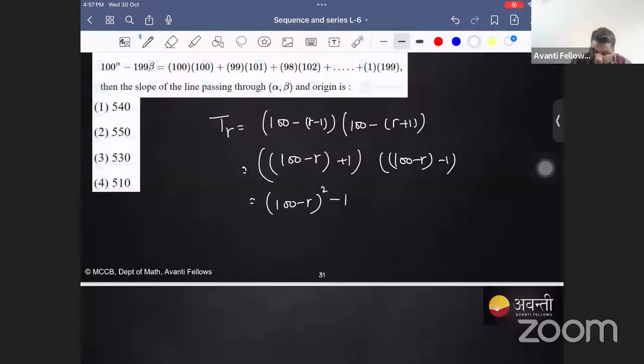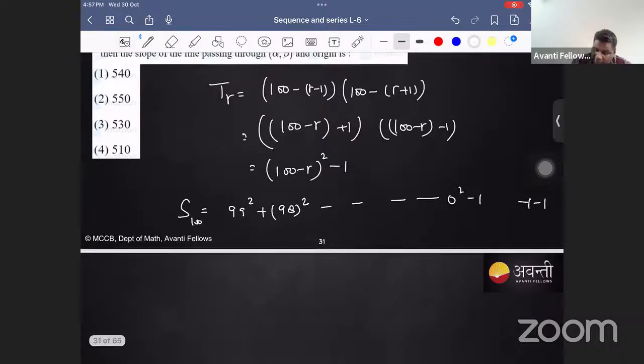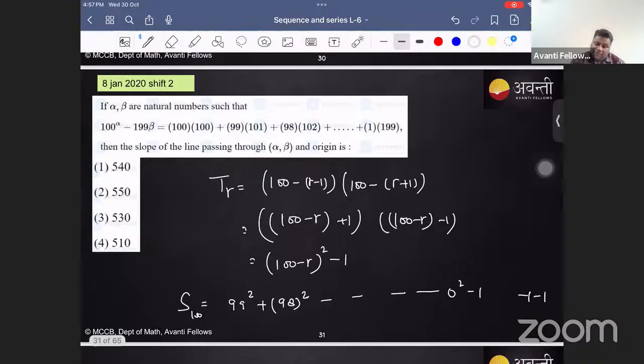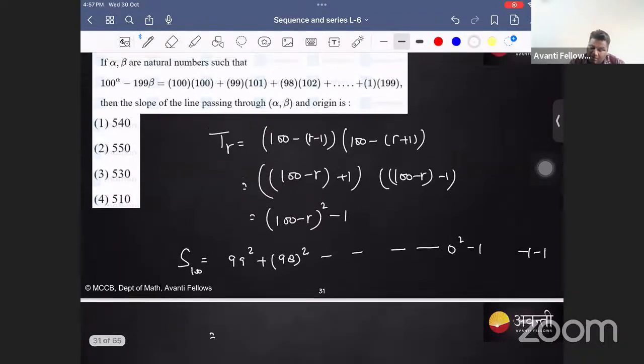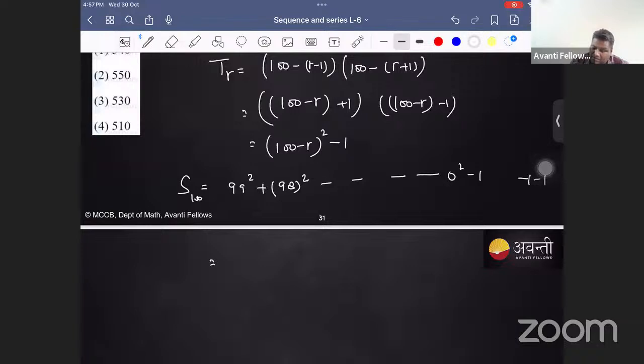Yes. Now S will be what? Sum of 100 terms. So the first term will be 99 square minus 1. Then the second, if you put r as 2, will be 98 square minus 1. And so on. Finally, you put 100, 0 square minus 1. So minus 1, minus 1, minus 1 came, minus 100.